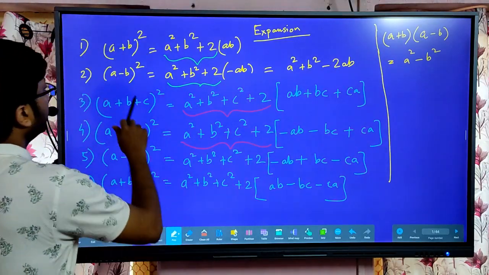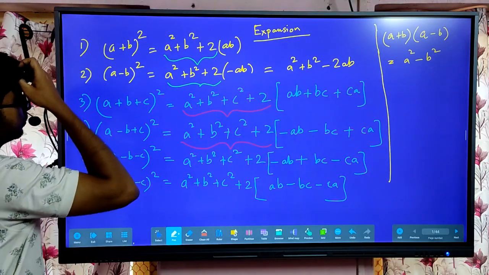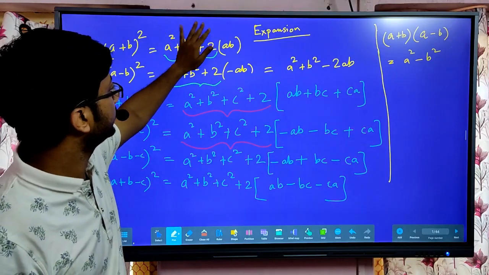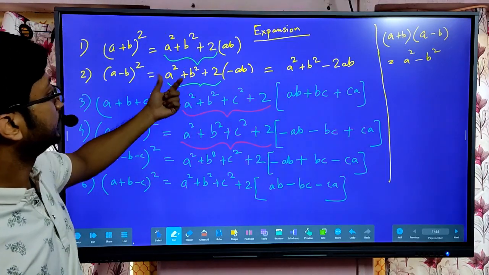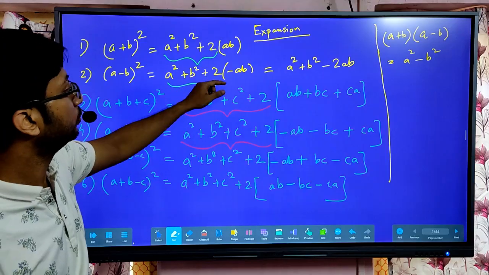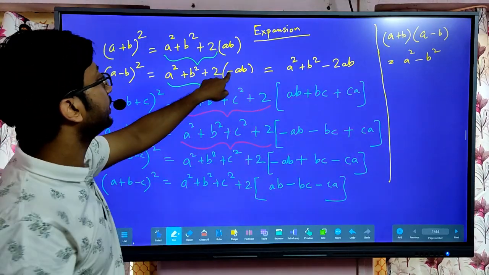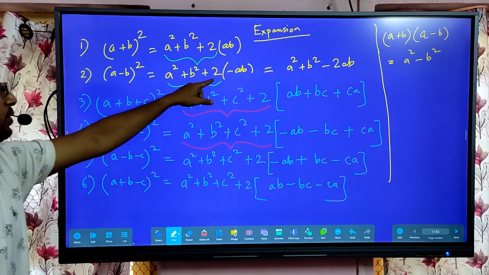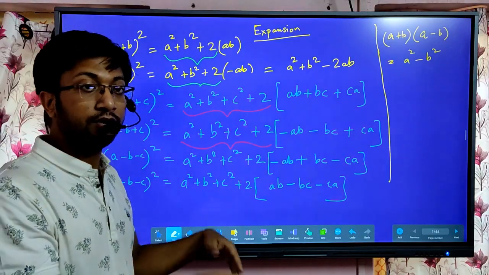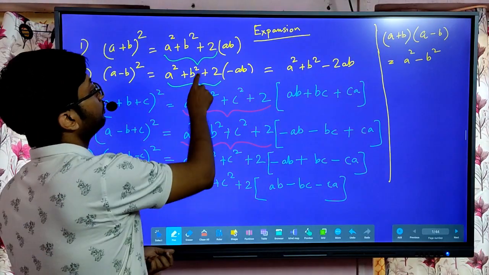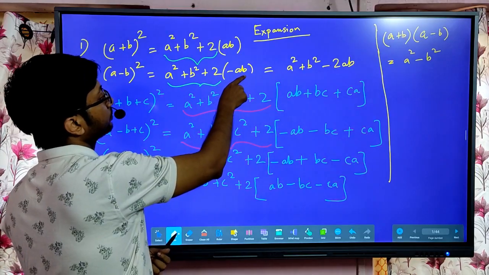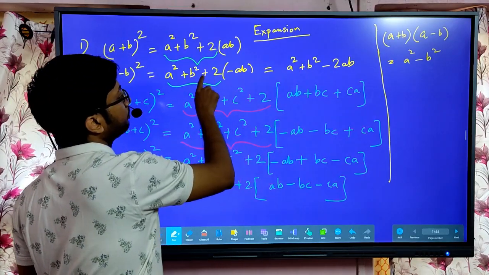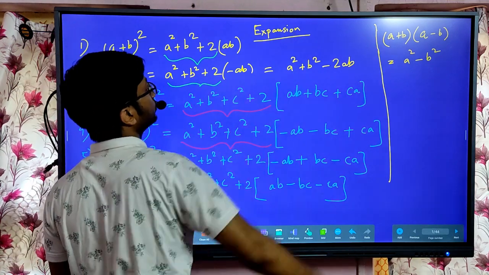Okay, here you see a minus b whole square, it will be a square plus b square plus 2. This portion is same in both the formulas, that is sum of the squares plus 2, and inside bracket it is minus ab, because plus a into minus b will be minus ab. Now if you simplify it, it will be 2 into minus ab, so it will be minus 2ab.